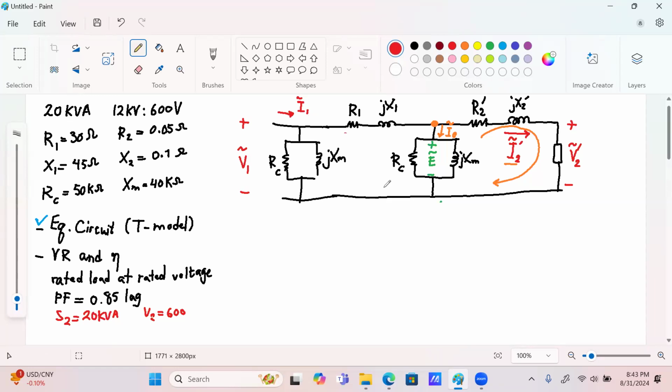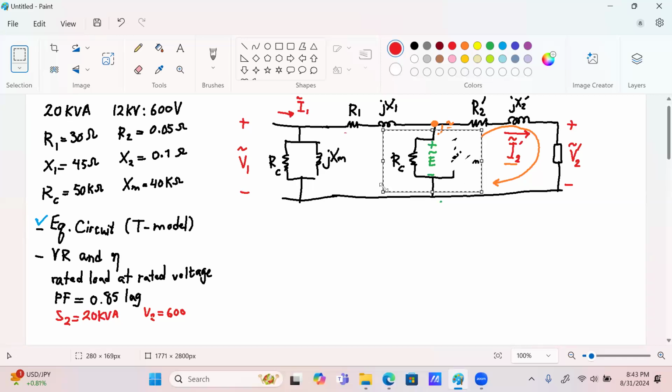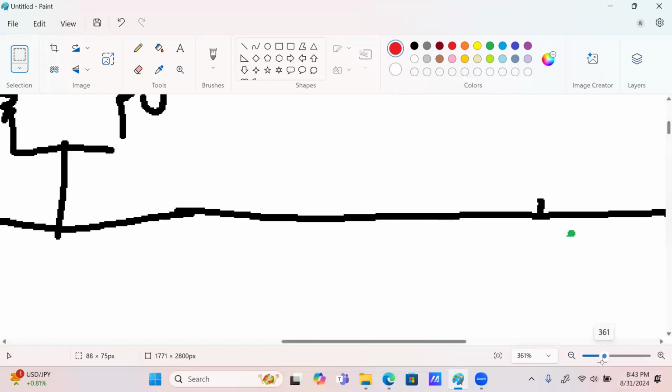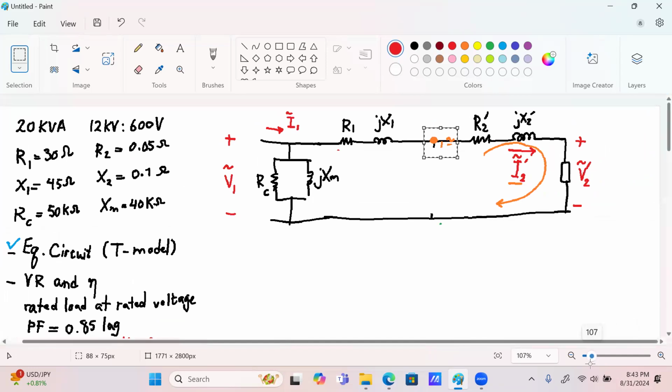And then I can basically get rid of this component here. Let me perhaps use this selection tool and erase this part. I just hit something and made it very big. Sorry about that. All right.